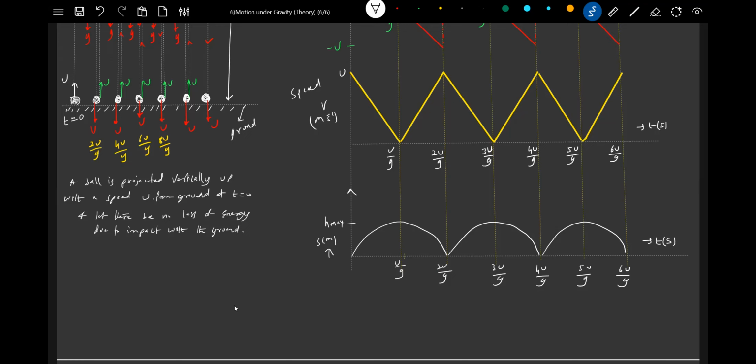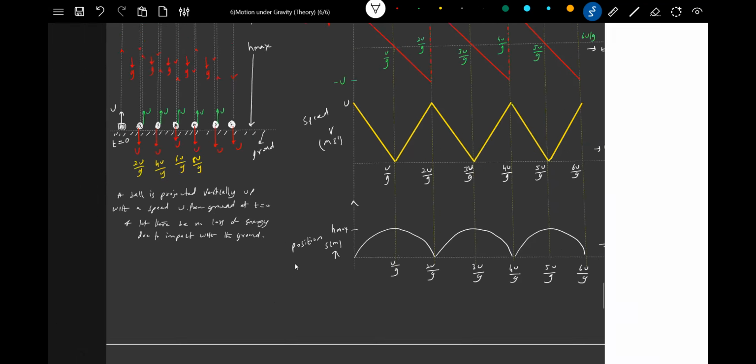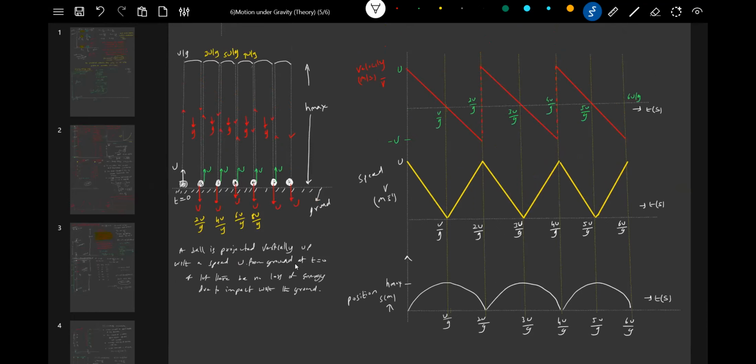Okay, like this the position versus time graph will be. This last quantity I should call position. So this is what happens for the bouncing ball. If there is no loss of energy, the curves will be of this kind.